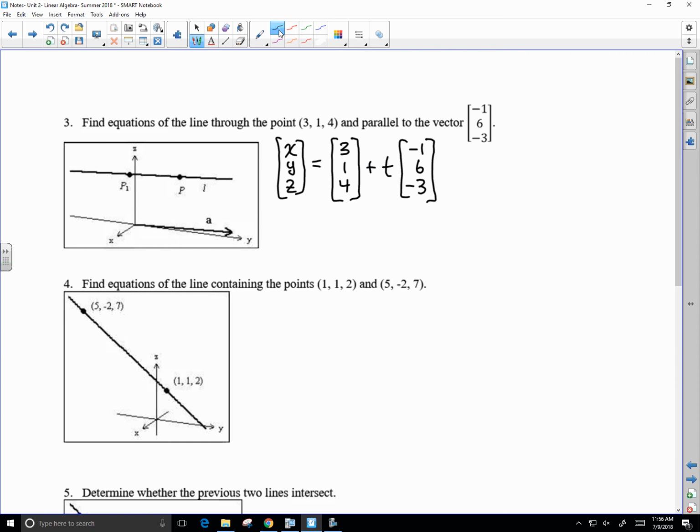All right. So the second one, we just actually have to figure out the displacement vector first. So ABC. 5 minus 1, -2 minus 1, 7 minus 2, 4, -3, 5.